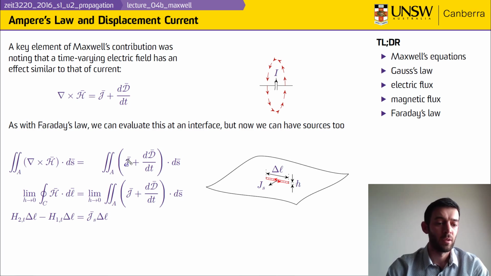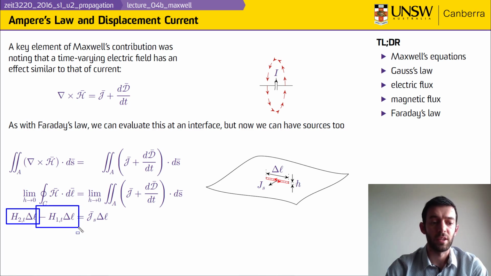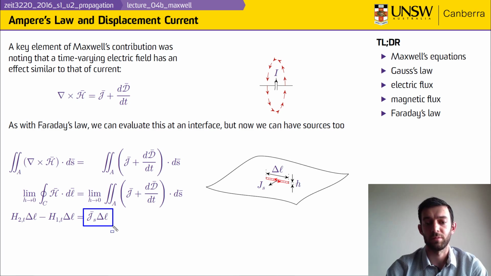Evaluating further, what we end up having is a similar positive contribution of delta L to the tangential component of H2, and a negative contribution of delta L to the tangential component of H1, and that difference has to be accounted for by the surface current density multiplied by that same delta L.